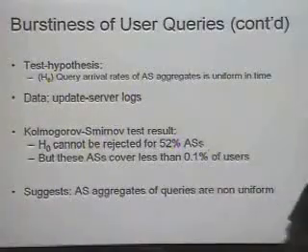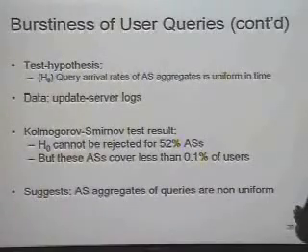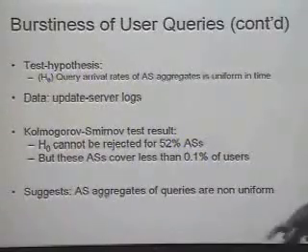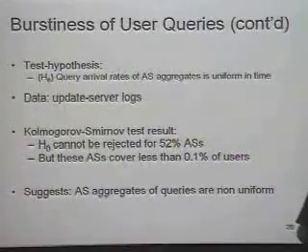So we did a test to verify whether for a subset of autonomous system aggregates, we can claim the queries that come from them can be regarded as uniform in time. We have like 18 to 19,000 autonomous systems, so respectively that would be almost all.